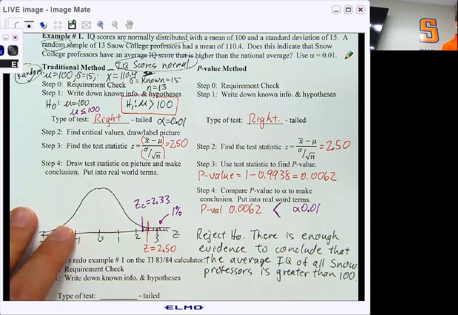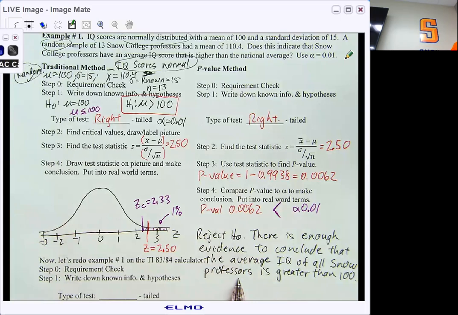As we've talked about, if the p is low, then the null must go. So we will get, once again, the exact same conclusion: we reject H0. There is enough evidence to conclude that the average IQ score for Snow College professors is greater than 100. We'll pause right there and come back in the next video.